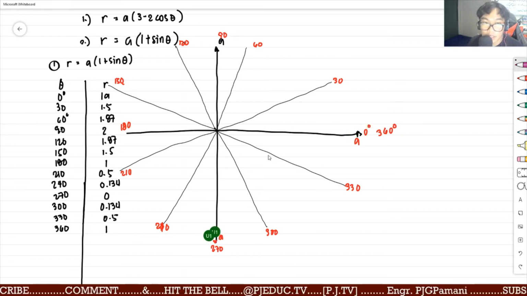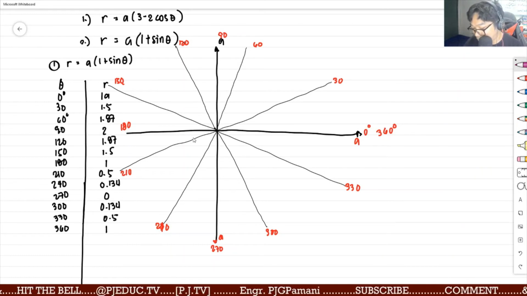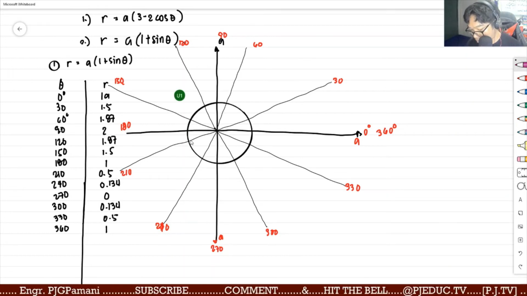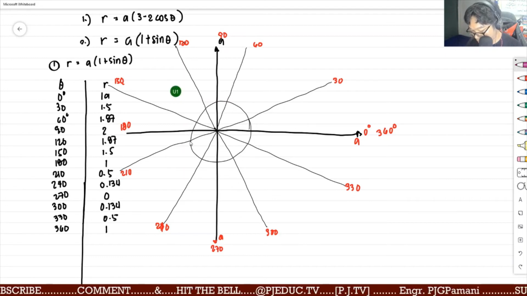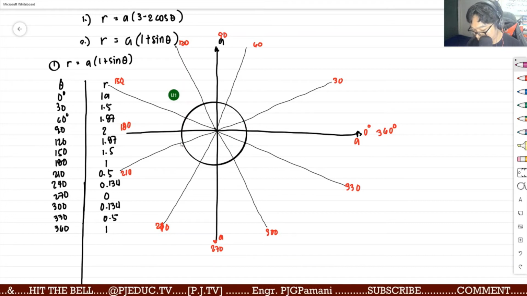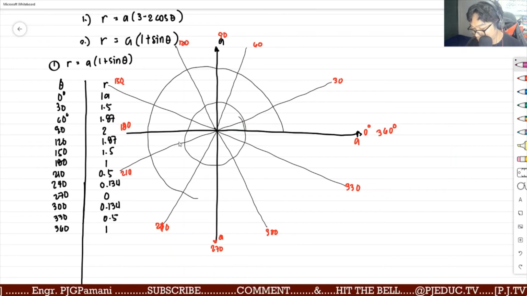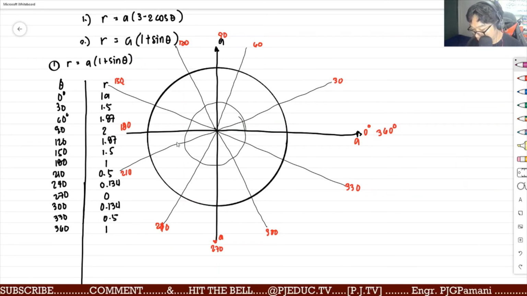Okay? Cut lang natin yung maximum A and minimum A. 1, 1, 1, dito si 2. Okay?